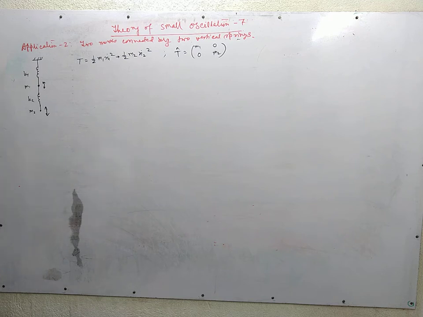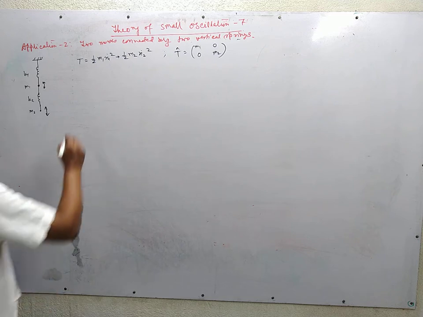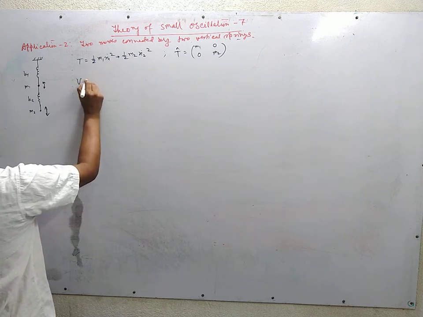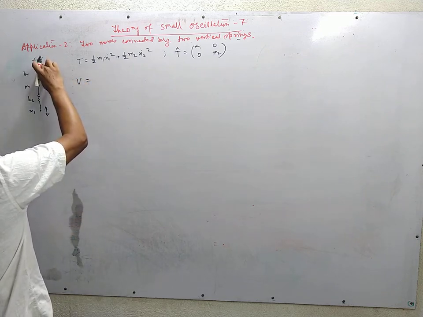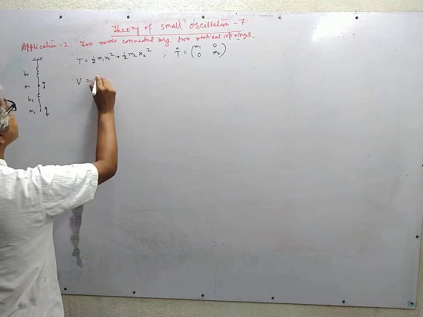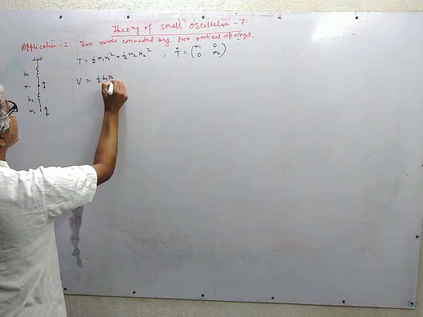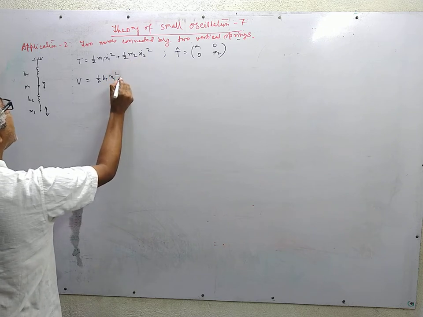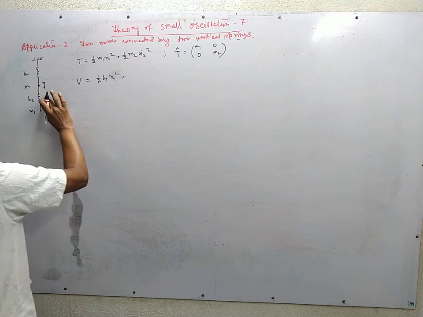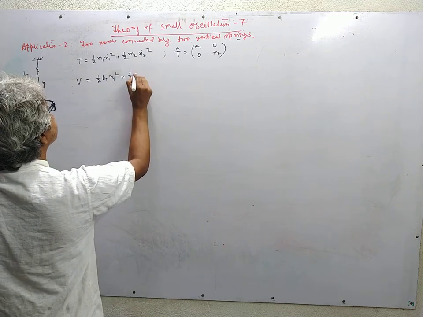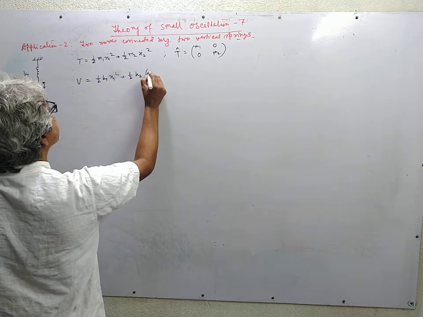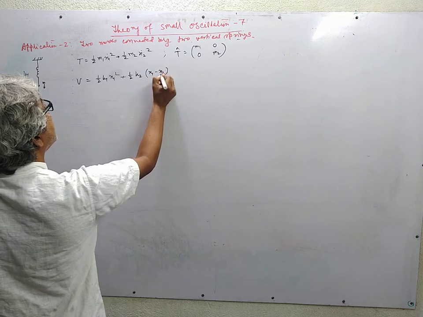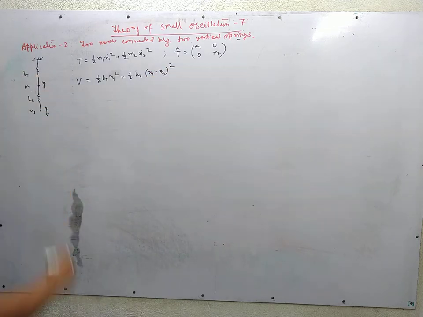And the potential energy of the system will have two parts. One is this spring. This is half k1 x1 square, the potential energy of this spring. And for this spring, the potential energy or the elongation is dependent on this relative displacement of 2.